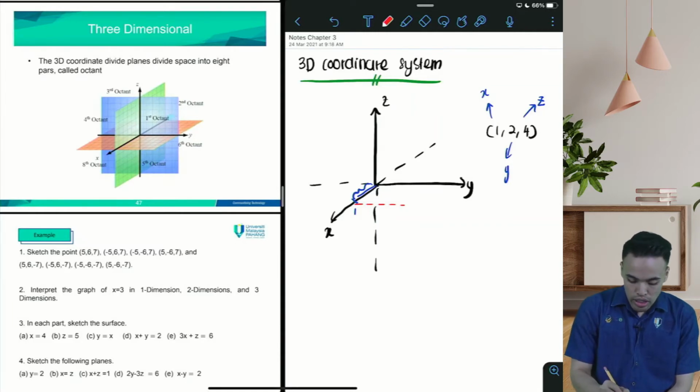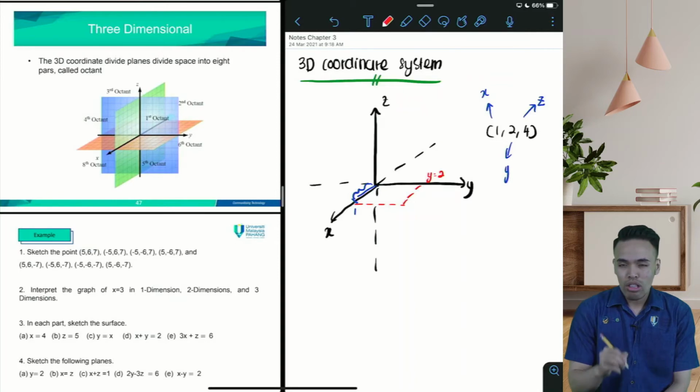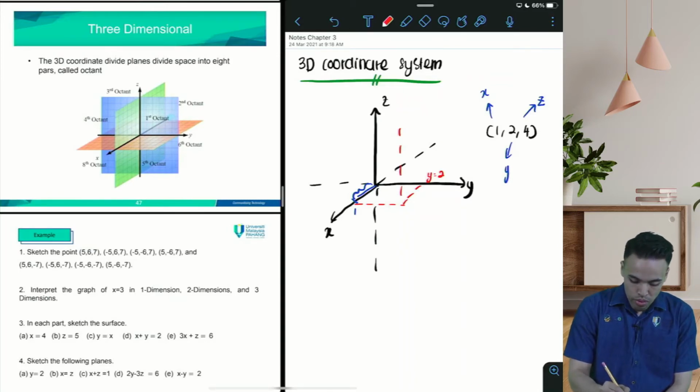This is the place where y is equal to 2. Having stopped at y equal to 2, where it started at x equal to 1, it will then move 4 units along the positive z-axis.